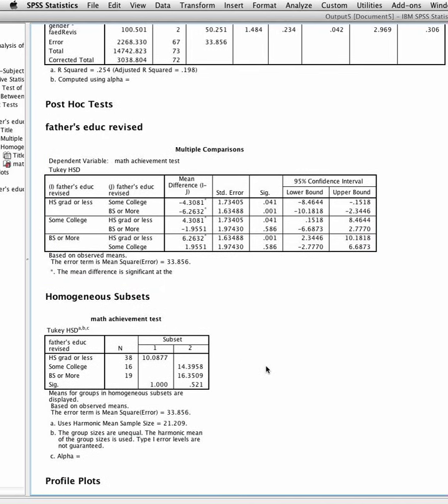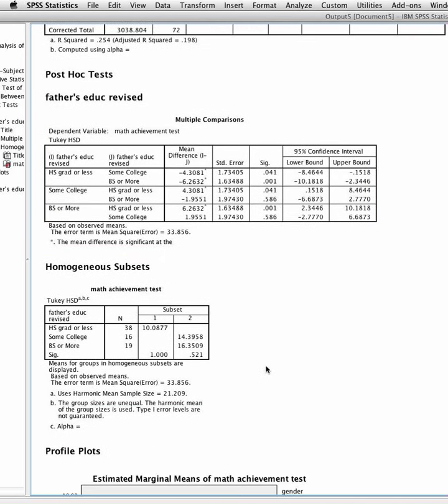Then in terms of the homogeneous subsets, we can see that the mean math achievement for students with fathers who had a high school diploma or less is a little over 10, and it's in a separate column from the other two groups.